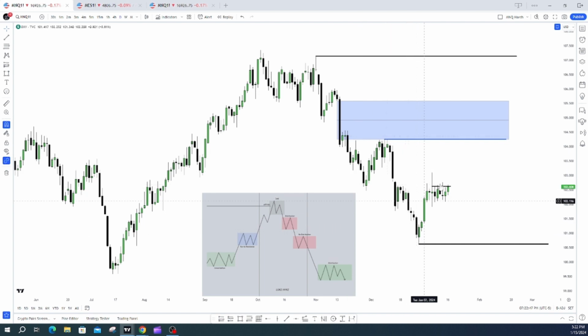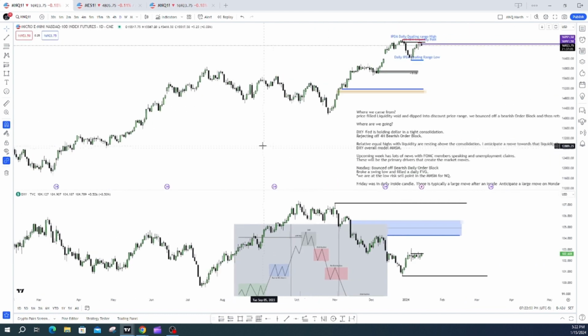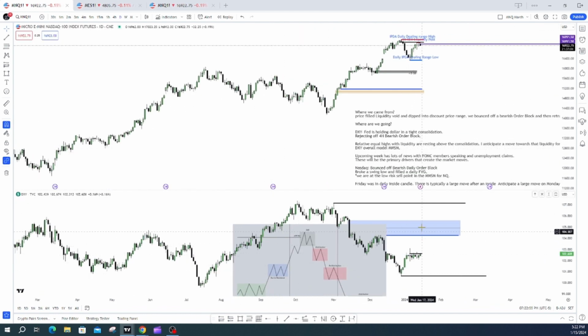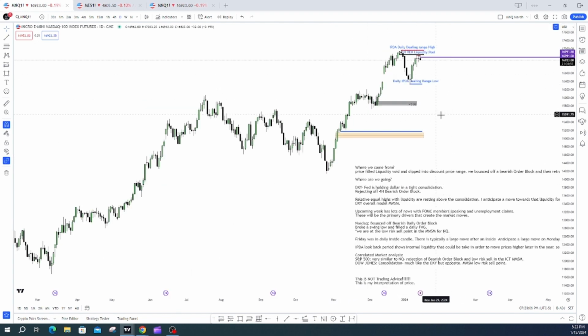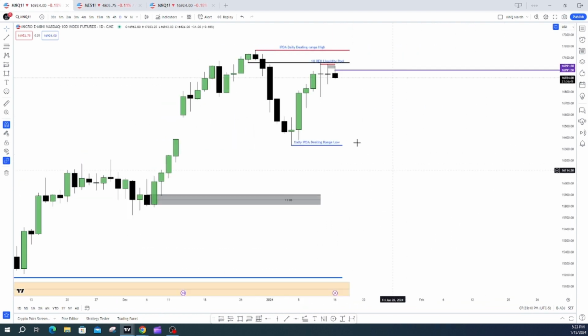So, in order to continue that trend, we need to soak up orders, move lower, which in return would mean that if we're going to move higher, that means that if the dollar index and stock indices are diametrically opposed, we're going to see a move lower in stock indices.